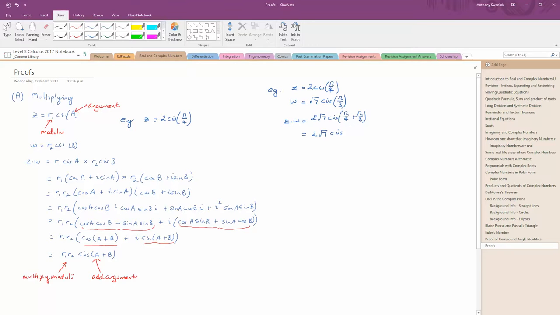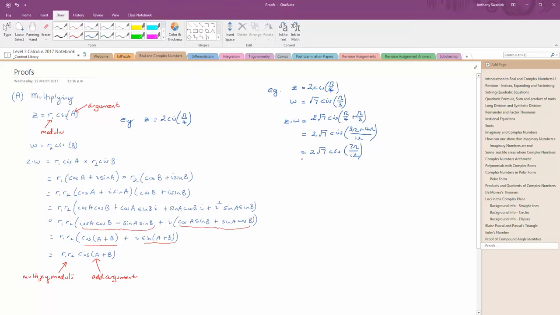Okay, so the common denominator would be 12, and so you'd end up with 3 pi plus 4 pi over 12, which of course would give 7 pi over 12, which is the end result.